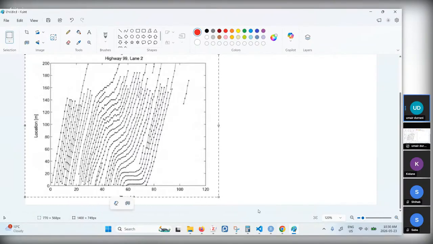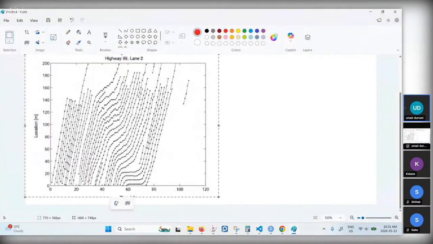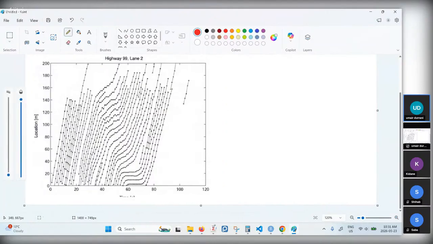And now we want to look at t equals 50 seconds at x equals 0, which comes out to be like this. So we are looking at this trajectory.